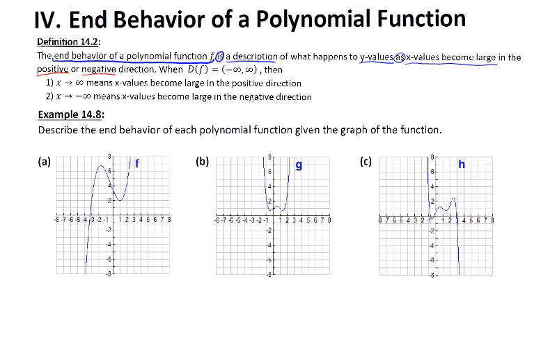Looking here at example 14.8, just as a reference, I certainly see the numbers 1, 2, 3, 4, and so on, but if I was to continue to go out here to the right, I would go beyond the window and I would be heading in the direction of positive infinity. So even though the window isn't big enough to actually represent positive infinity, there is a very well-known direction for where that is. That would be what we're talking about when we say the x values become large. X values become large as we go off of the window and head toward infinity.